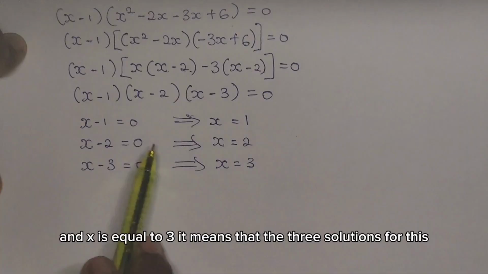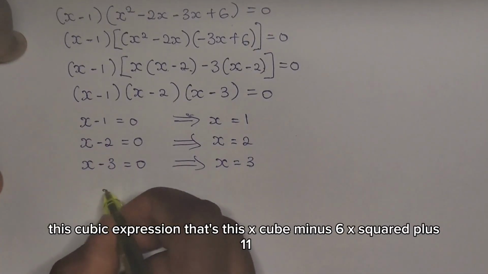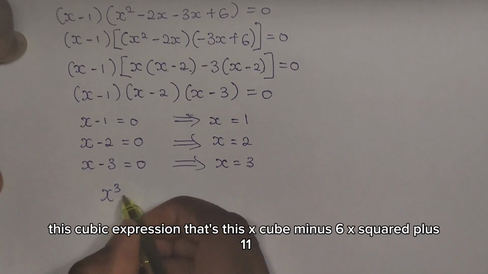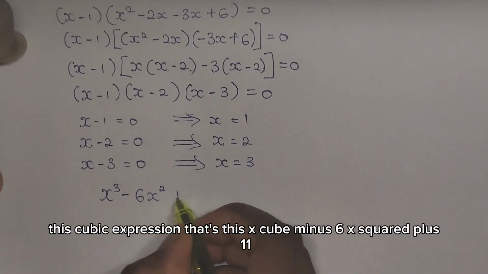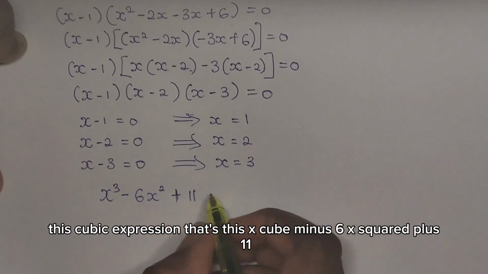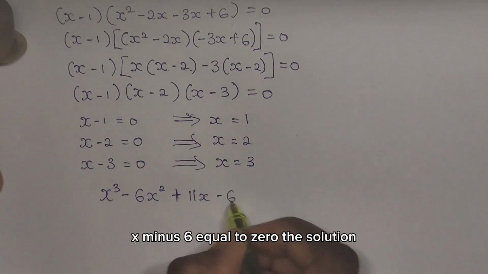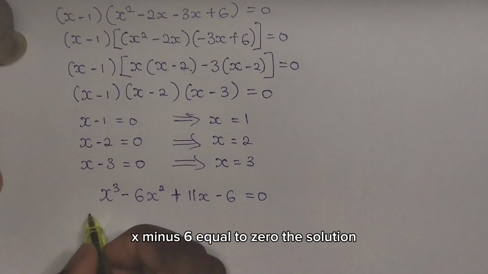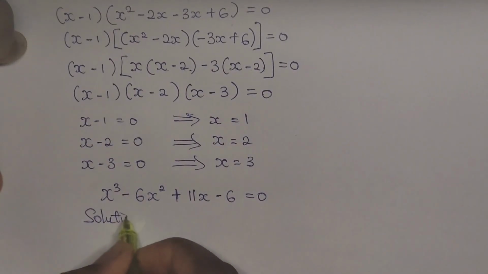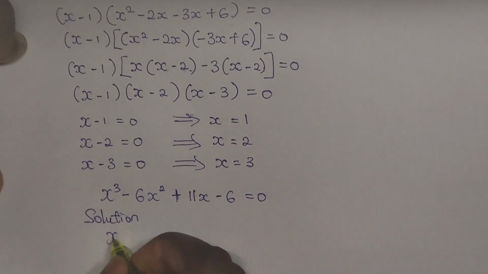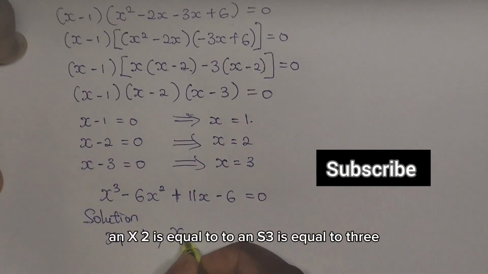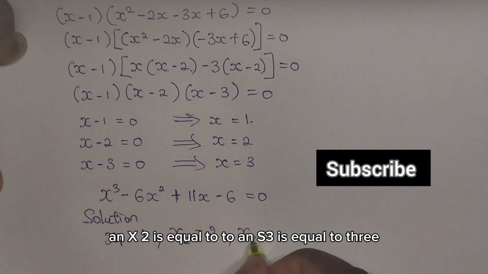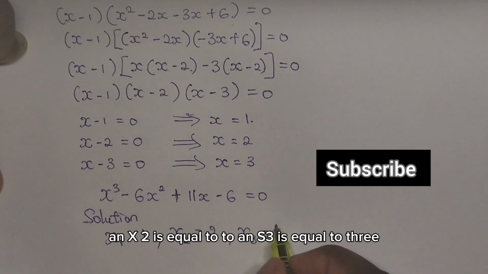It means that the 3 solutions for this cubic equation, x cubed minus 6x squared plus 11x minus 6 equal to 0, are x1 is equal to 1, x2 is equal to 2, and x3 is equal to 3.